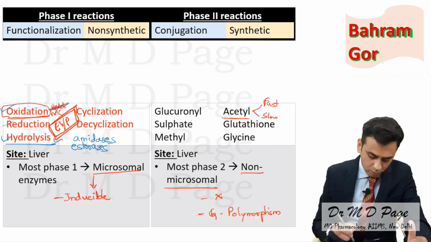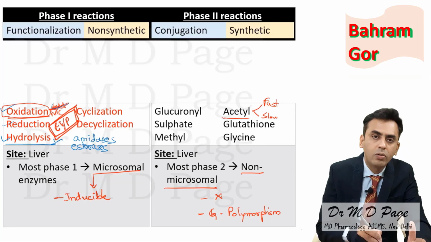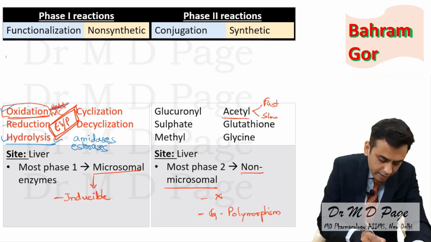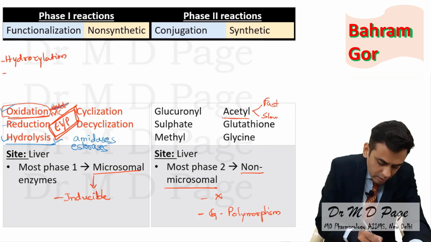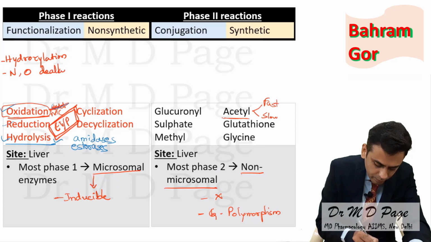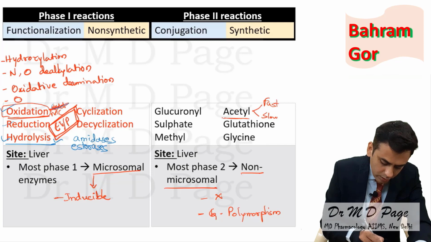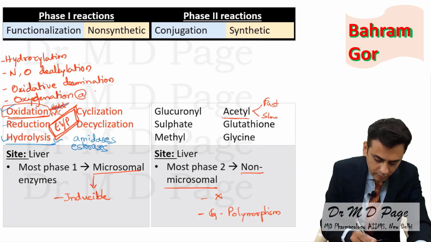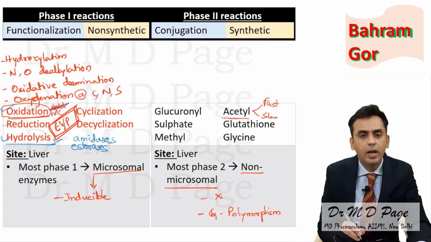So what I said is important for us is oxidation. There are different types of oxidation reactions. For example, hydroxylation is an oxidation reaction, N or O dealkylation, oxidative deamination, or oxygenation at C, N or S atoms.